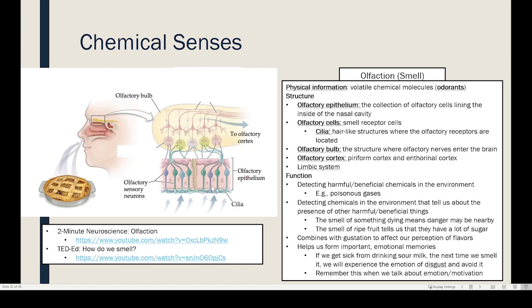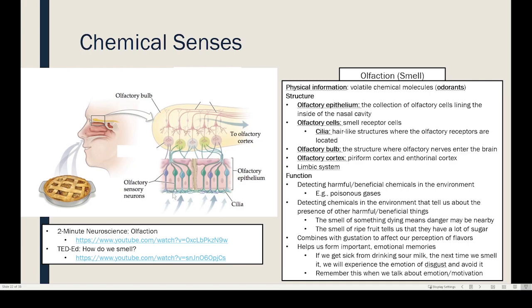These olfactory cells that receive the odorants have cilia, these hair-like structures that extend off the tips of them in the nasal cavity. And it's on these cilia that there are the special receptors where the chemical molecules can bind.